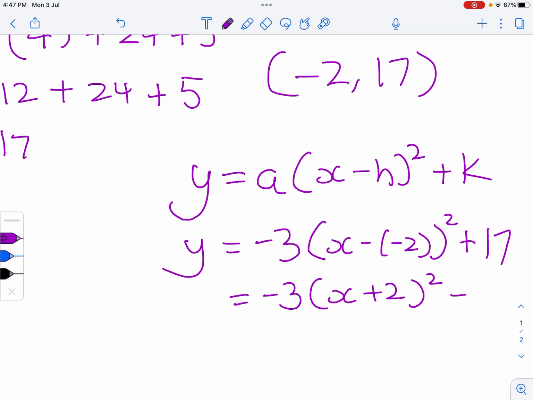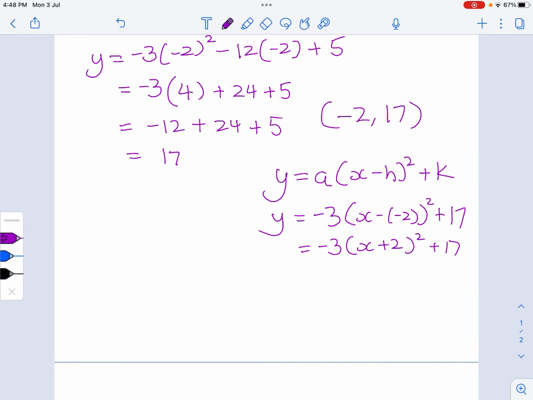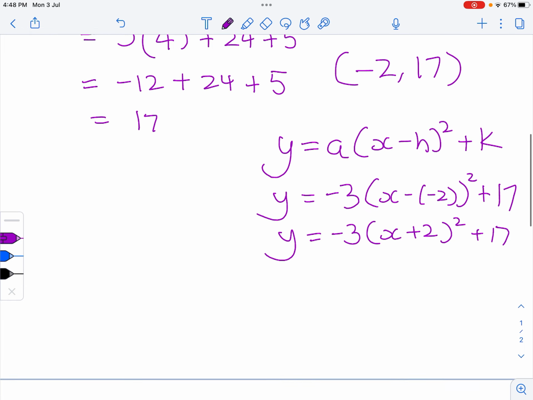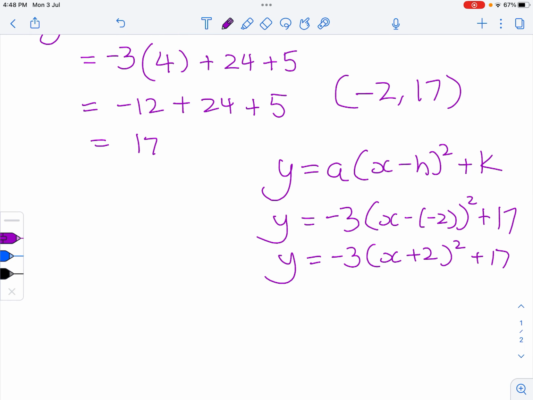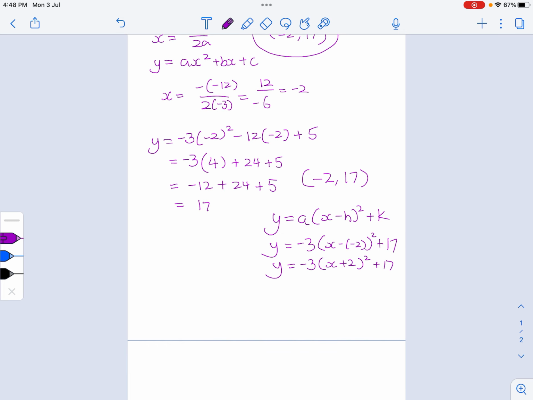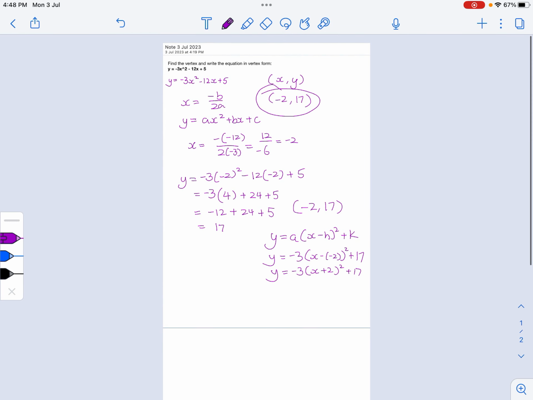So whenever you do this, you want to make sure to be careful with the negative sign here, because if it's a negative x value, you have to make sure that you turn it into a positive, because negatives and negatives yield a positive. And if, let's say, it's a positive 2, then it would be a negative at the end. So just make sure you are careful when you substitute the values in.